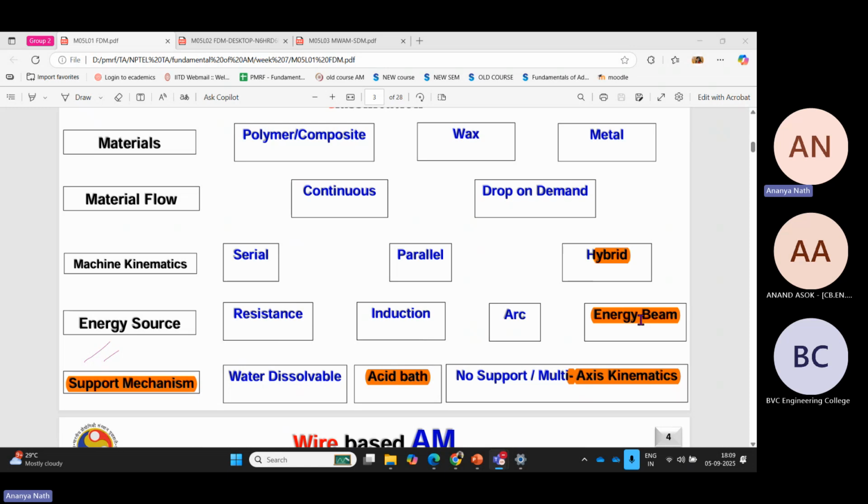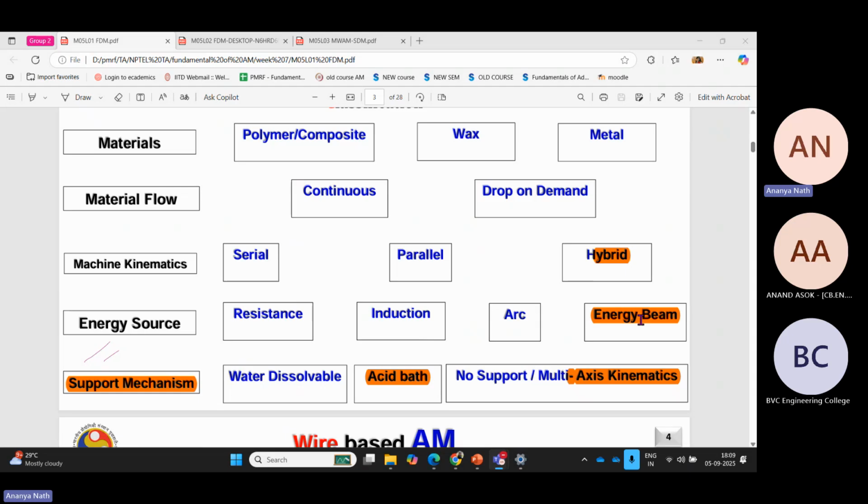In the previous class, we got to know that laser can cut the sheets, wooden, metal, or plastic sheets, in case of sheet lamination. Similarly, we also got to know that laser can cure the resin in case of vat photopolymerization. So the purpose of using laser in the last two processes was very different.